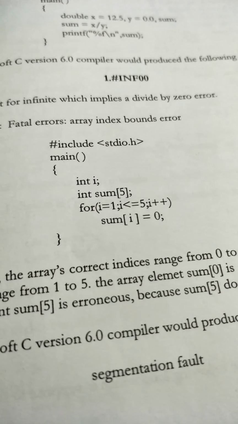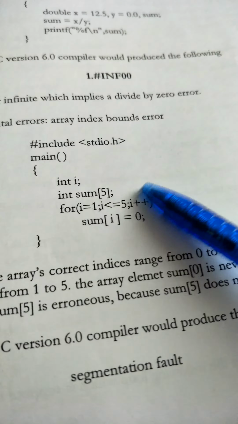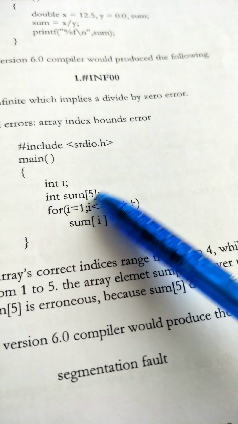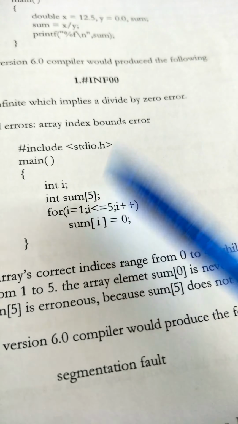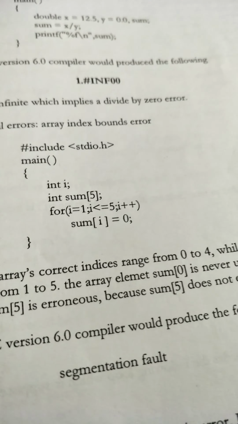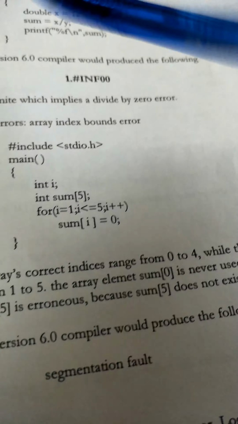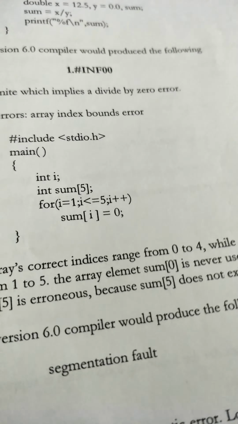array index bound error. If you look at here, we have the bound for this array. I will explain what an array is later, but for the time being I just want to give you an example of what the error is, because this topic comes earlier and arrays a little bit later.